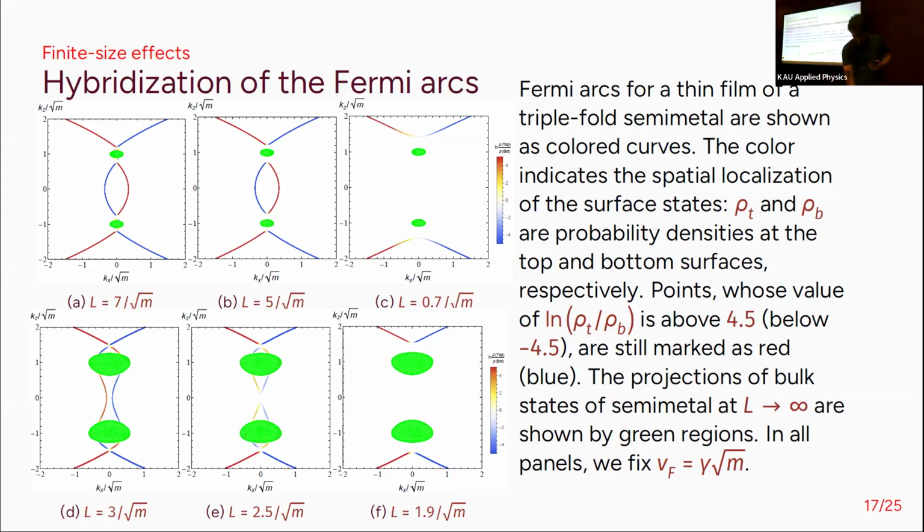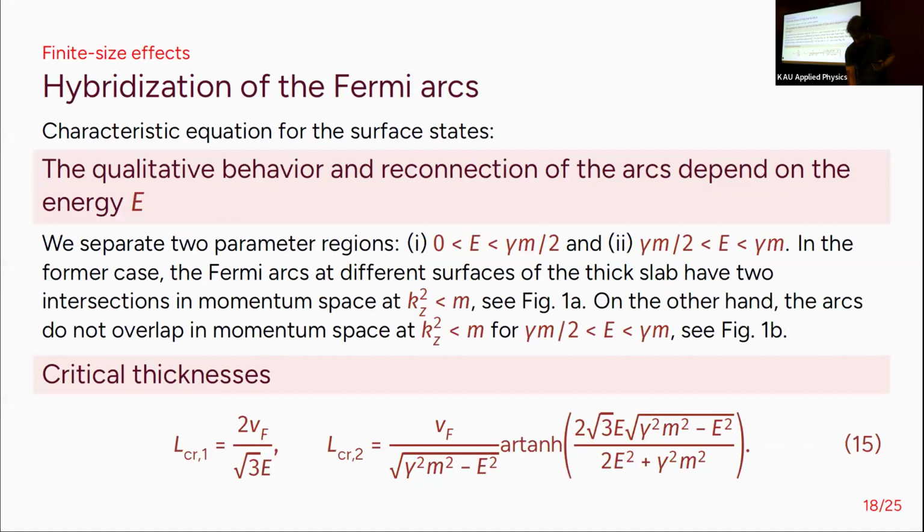There are two critical thicknesses which describe at which thicknesses these qualitative changes appear. The first critical thickness describes when the petal-like curves disappear, and the second critical length describes different scenes for different energies.